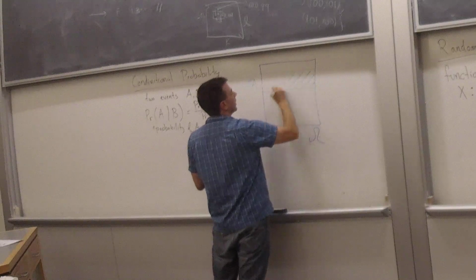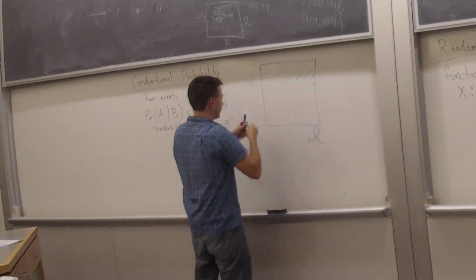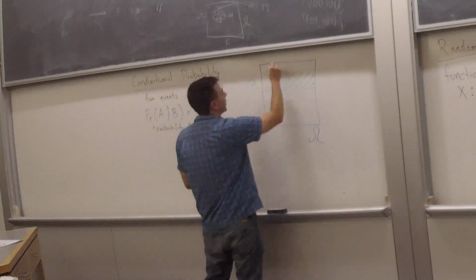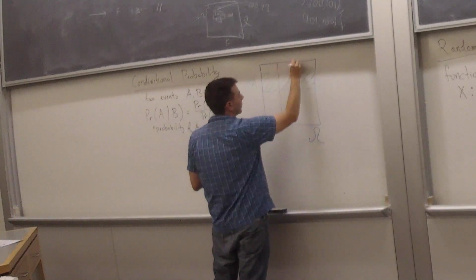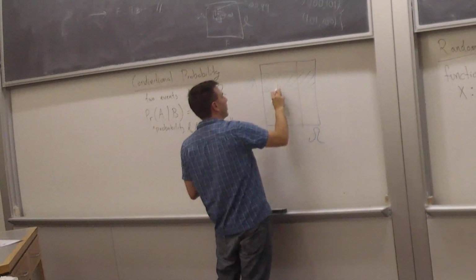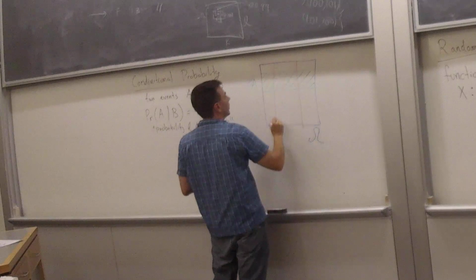All the events in here are A. And then there's some other strip in here, which is going to go in the other direction. These don't need to be the same size, right?